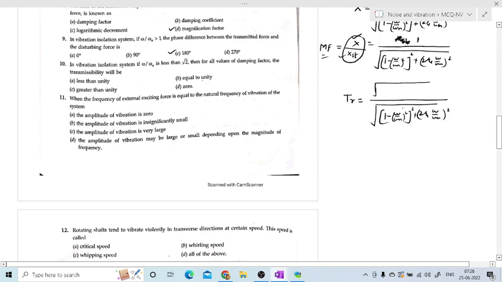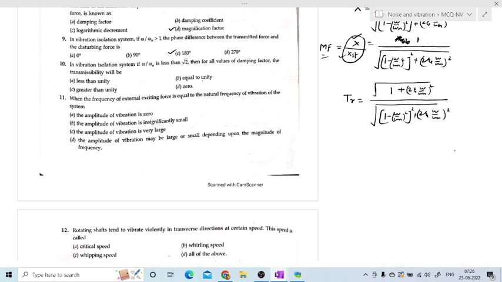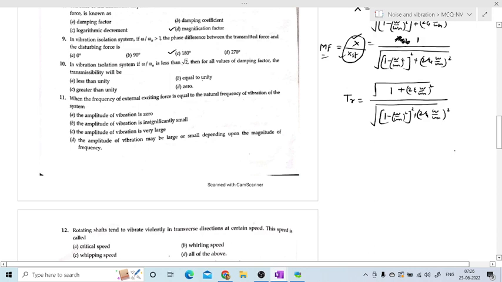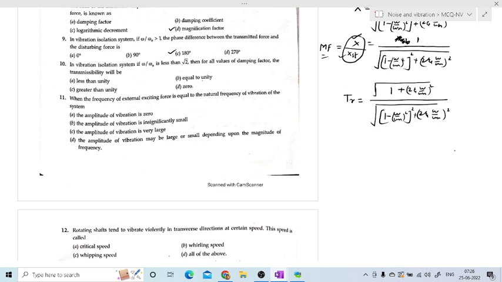Here you have to make this first term as 1 and keep the second term as it is. So this is the formula for transmissibility. Transmissibility means in any vibrating system, the vibrating system will transmit the force or displacement to the support. So how much force or displacement is transmitted to that support, that we calculate by using this formula.